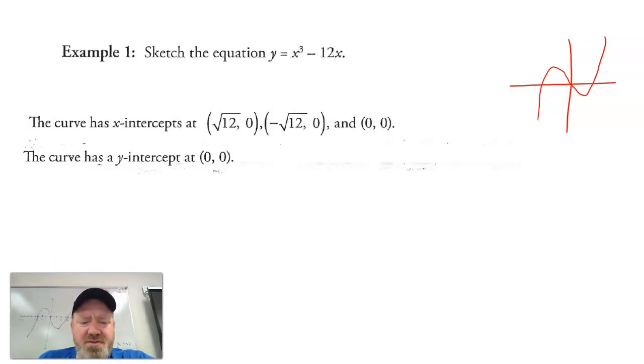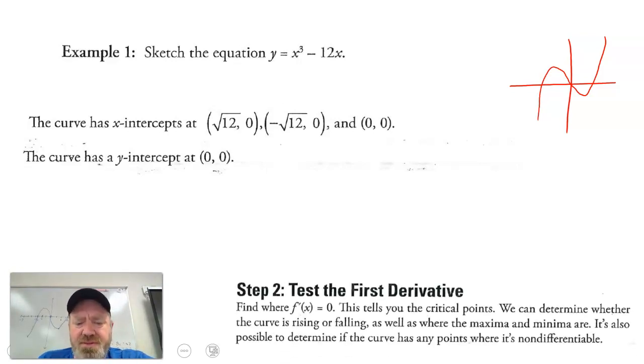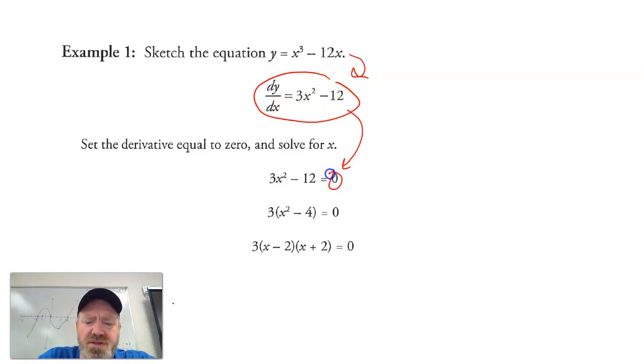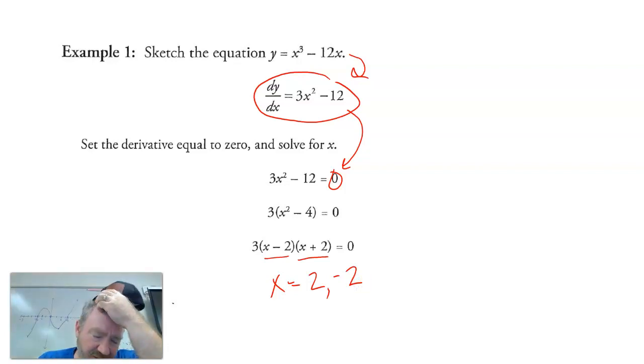And I think we got even a little further to know that. We looked at the first derivative, which is step 2. So step 2, come here, there we go. Step 2 is to test the first derivative, find critical points. So what do you do? Take first derivative, here it is, just took derivative of this, and set it equal to 0. Solve, and you can find x values, x equals 2, x equals negative 2, where critical values are happening.